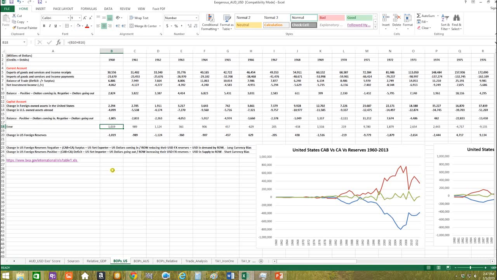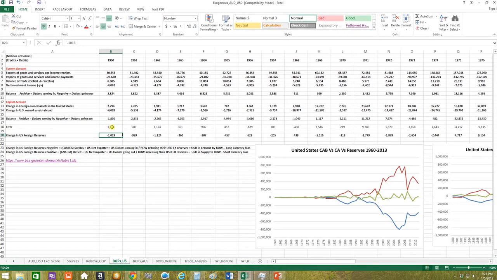Then in the US's own accounts, the holdings of US foreign reserves have fallen by this amount in proportion to US dollars coming in. So the balancing item basically represents the change in value of US foreign reserves and is the opposite of the error between the current account balance and the capital account.